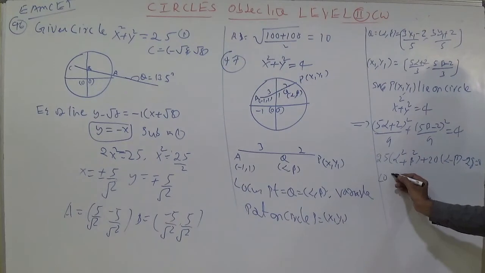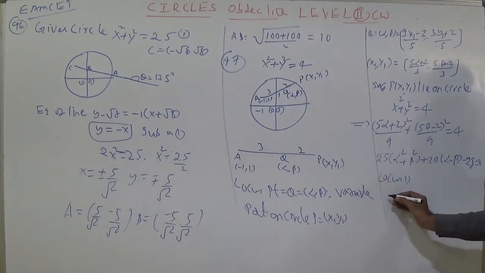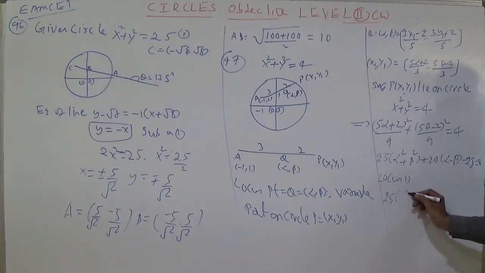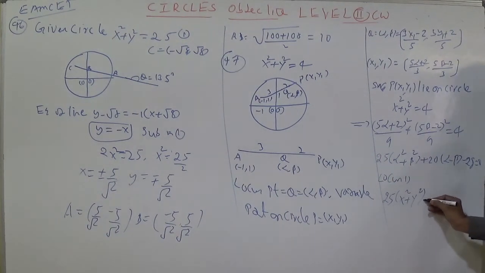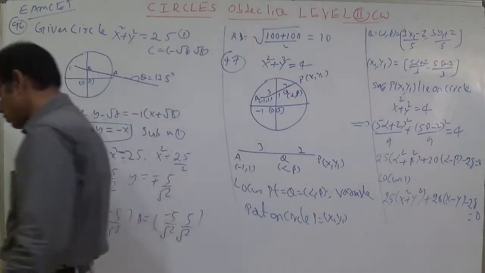We got the locus: because we took the point alpha comma beta as the locus, we can say 25 into (x square plus y square) plus 20 into (x minus y) minus 28 equal to 0 is the locus of the given point.